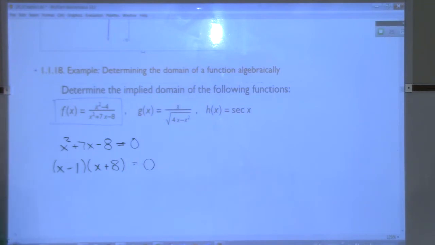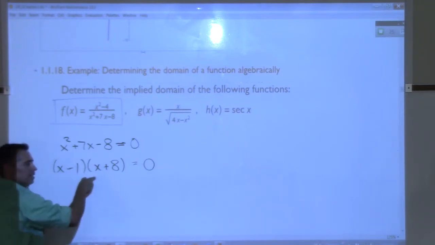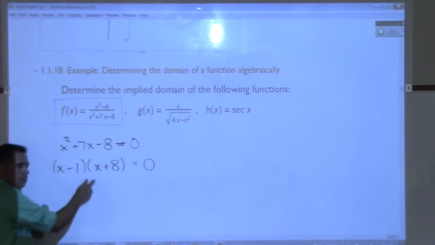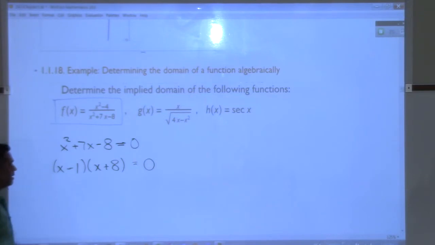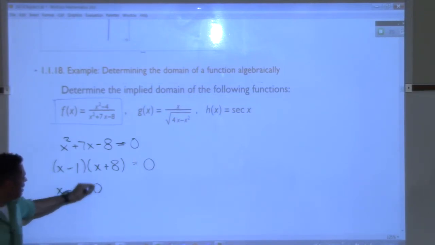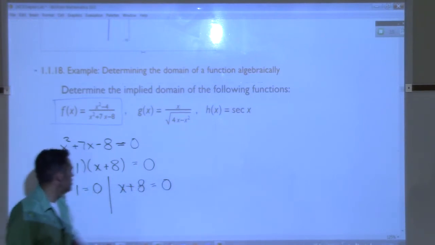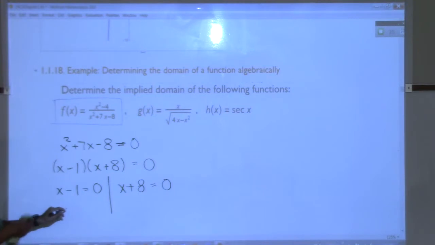Everybody in here has a different comfort level with factoring. My expectation is that you can do this step. Maybe you need to brush it up, and now you've seen it. You're like, oh yeah. But if that's causing you an issue, we should talk a little bit about getting some of those skills in order first.